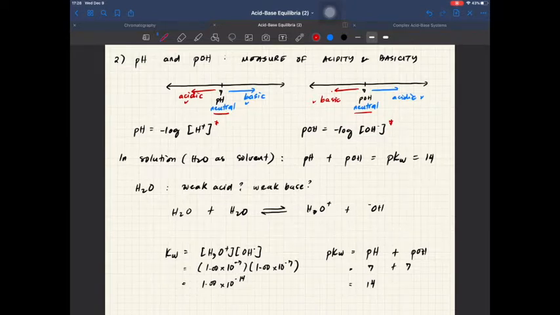In solution, or when water is used as a solvent, the sum of pH and pOH is equal to the pKw, and Kw is just the ionization constant for water. So is water a weak acid or a weak base? From the previous examples, water can act as both an acid and a base.